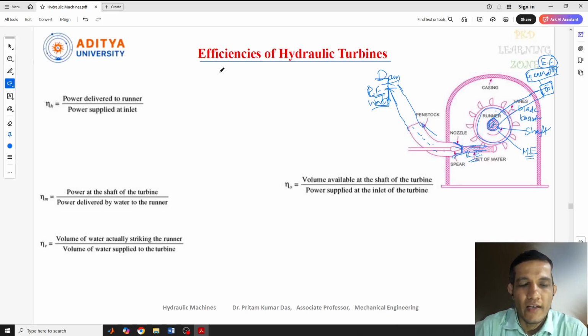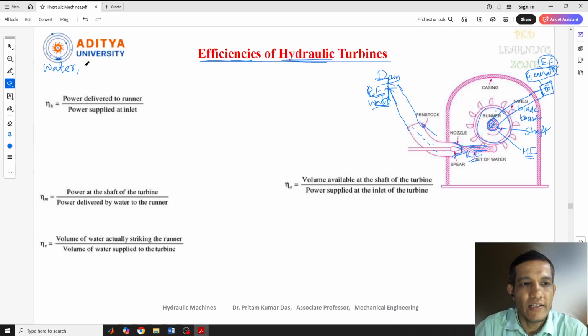Now we'll see what the efficiencies of hydraulic turbines are and why they are required. The name itself, hydraulic, basically indicates water. The second one is efficiency. Efficiency states the performance, what quality it has and how efficient it is.